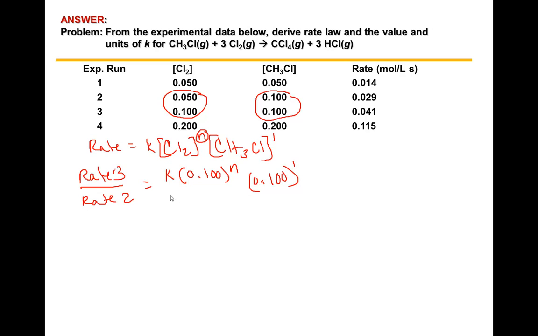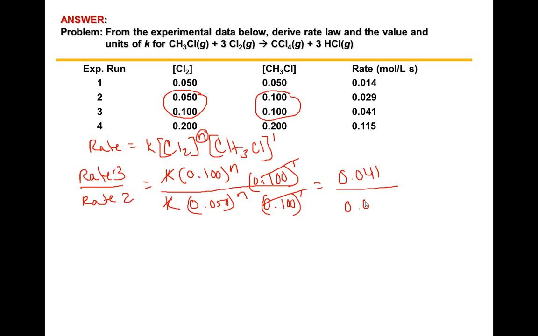Now I'm looking at experiment 2. The K cancels. Rate 3, I never wrote that down, is 0.041. Rate 2 is 0.029. Alright, so when we divide that out, we have 1.41 is equal to 2 to the n power.